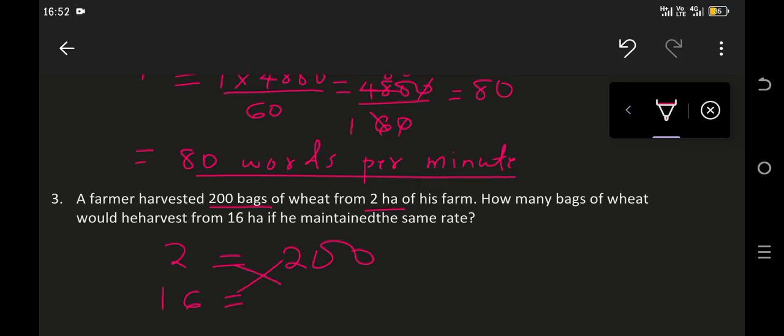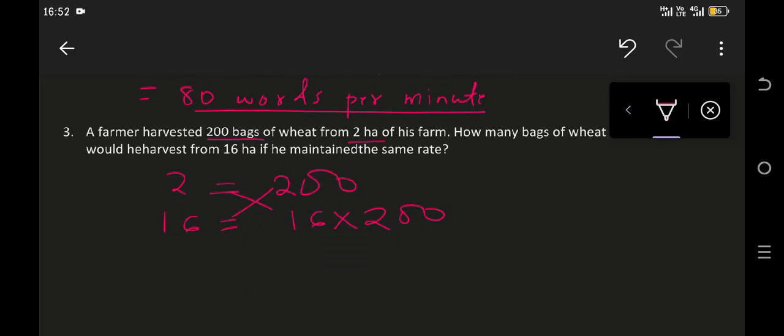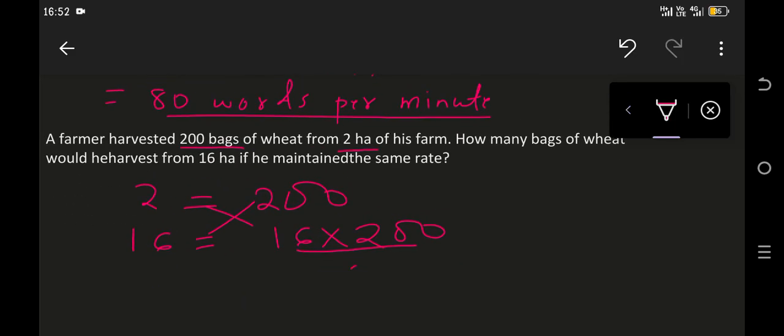You will cross multiply to have 16 times 200 divided by 2. So you will ask yourself, what is 16 times 200? That is 3,200 divided by 2.